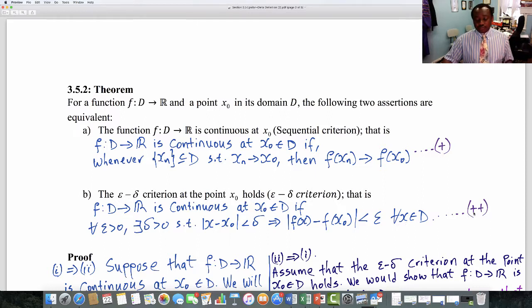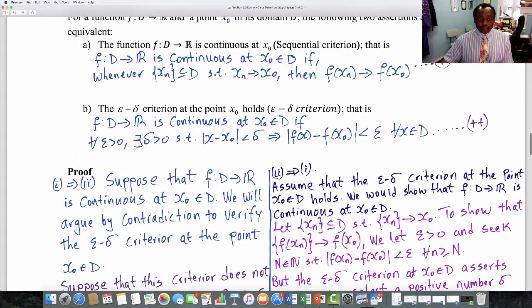Now you recall from discrete math, to prove that two assertions are equivalent, we have to prove that A implies B and B implies A. So let's go ahead and look at the proof.